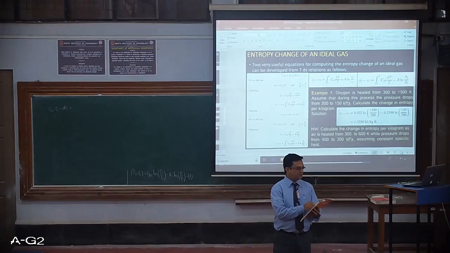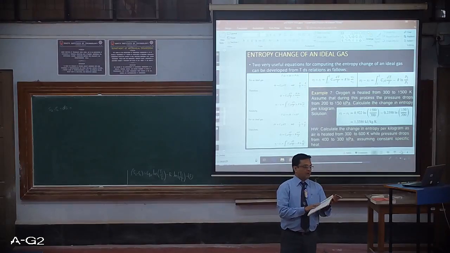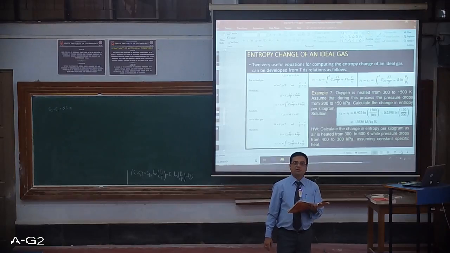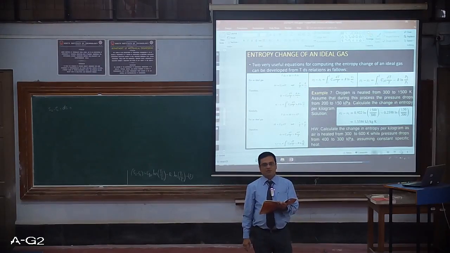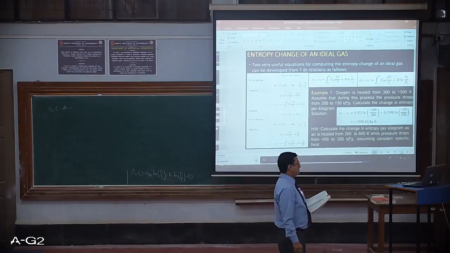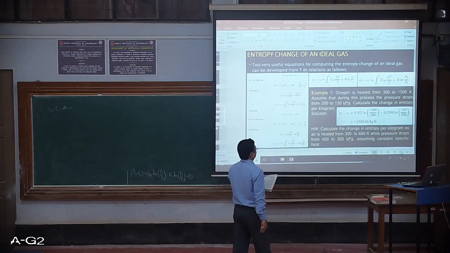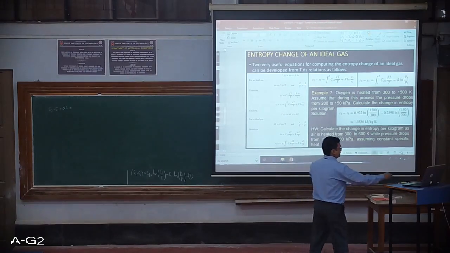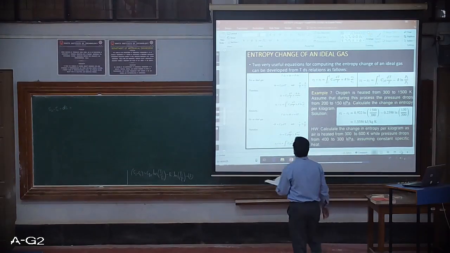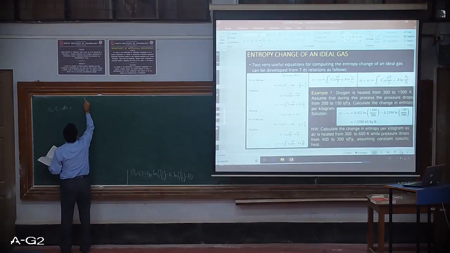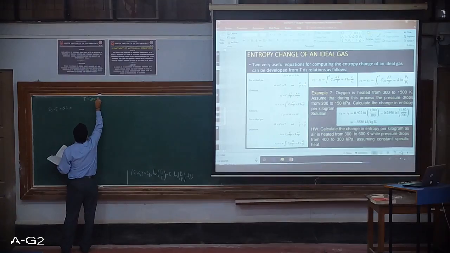Go to page number 2. There it is mentioned as ideal gas specific heats of various common gases, but it is mentioned at a base temperature of 300 Kelvin. So here it is given as 300 to 1500. So we can refer to the temperature value of 300 Kelvin. So let me write down the initial conditions. T1 is equal to 300 Kelvin.